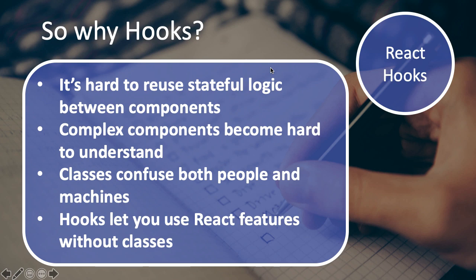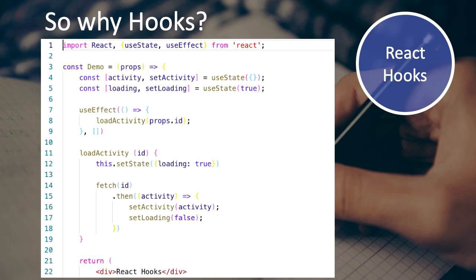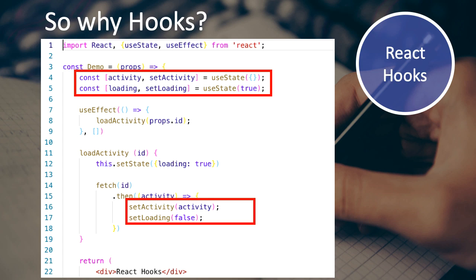So just to finish off, let's take a very quick look at a component that's using React hooks instead of a class component. We can see in this particular case, we're setting local state inside a functional component that's not a class component. In this case, we're using the useState hook.